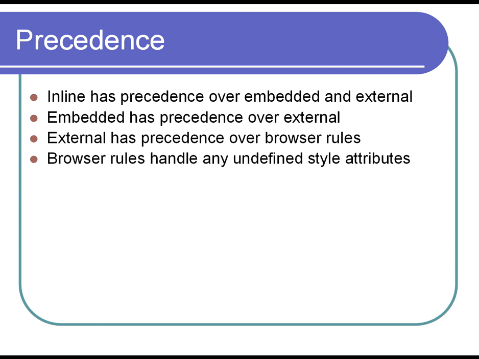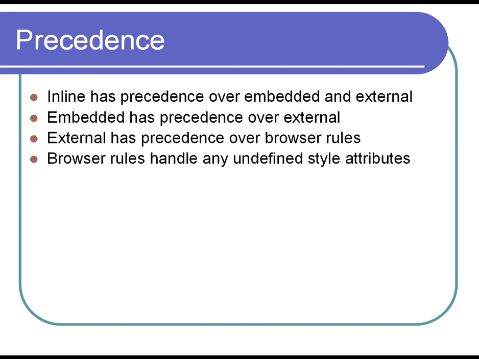Now, we've got to look at the precedence for a minute. What order are these things done in? Inline has precedence over embedded, which means that if you have an embedded style and then you put an inline at one place, the inline will work. It'll overshadow the embedded. The embedded has precedence over external. So for example, if you have some embedded items and then you have a style sheet from outside, the embedded will take over. Even if the external style sheet has some styles in it, the embedded will be the one that can be seen.